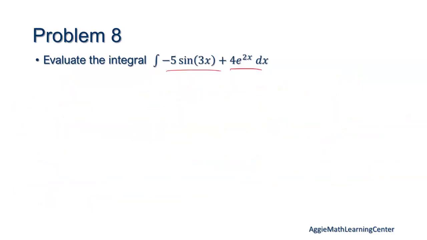So, we have the integral of -5 sine of 3x plus 4e to the 2x dx. You might be asking yourself, sine of x isn't sine of 3x. How do I deal with this 3x?